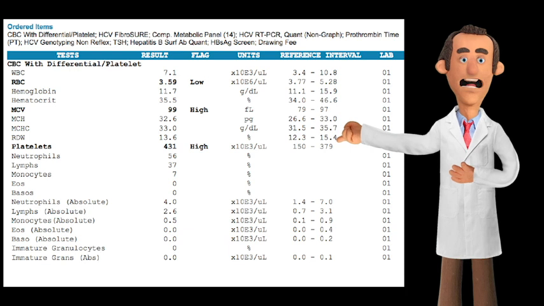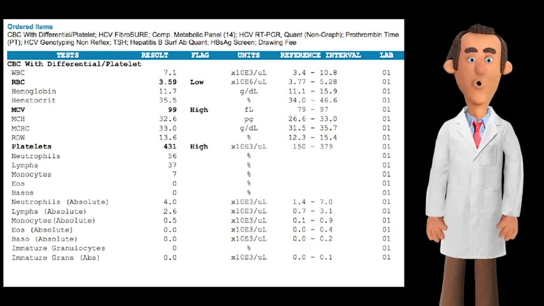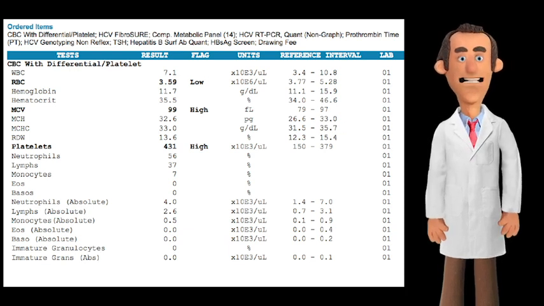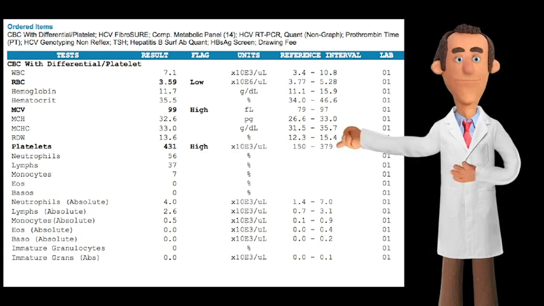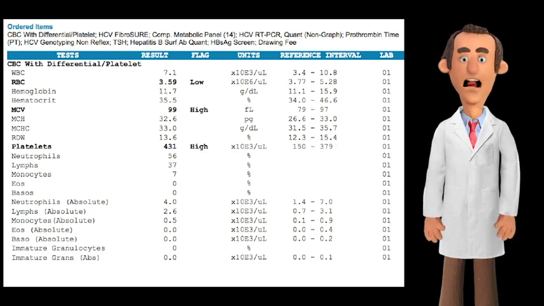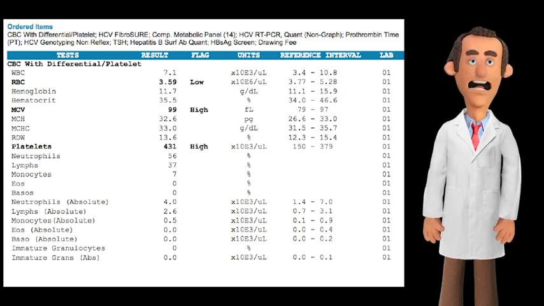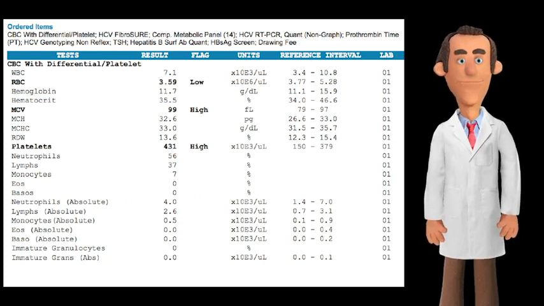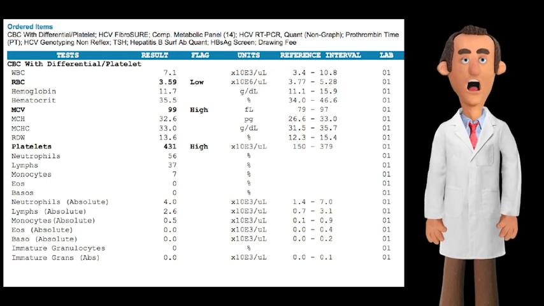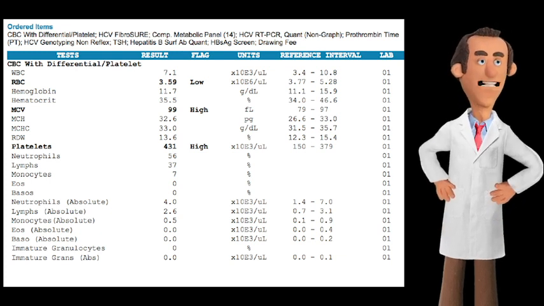We look at the hematocrit, that's approximately 3 times the hemoglobin, so that's good. And then we get to the MCV, the mean corpuscular volume. And you'll notice that it is 99, which is high, and the 99 represents an elevated MCV, or a macrocytic anemia.